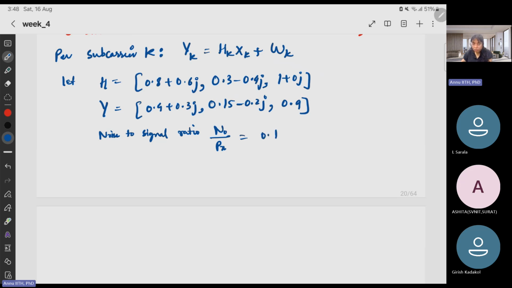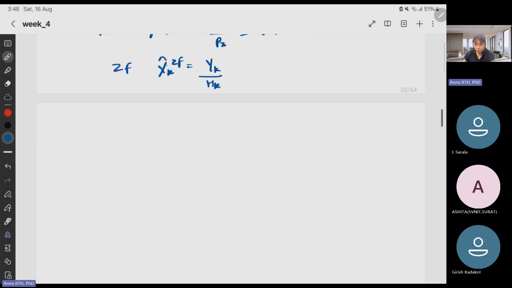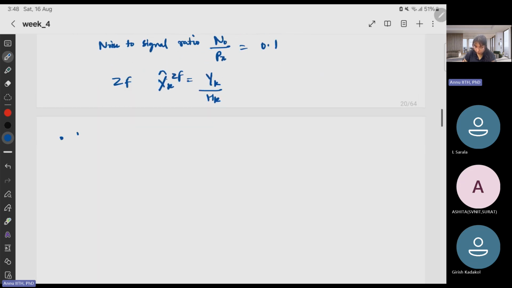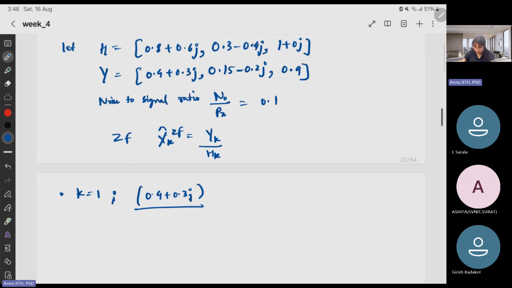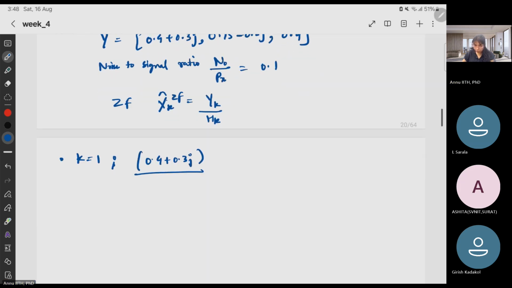It is 0.1. The zero forcing receiver says x cap of zero forcing is equal to y of k divided by h of k. For k equal to 1, it is 0.4 plus 0.3j divided by 0.8 plus 0.6j, which is 0.5.